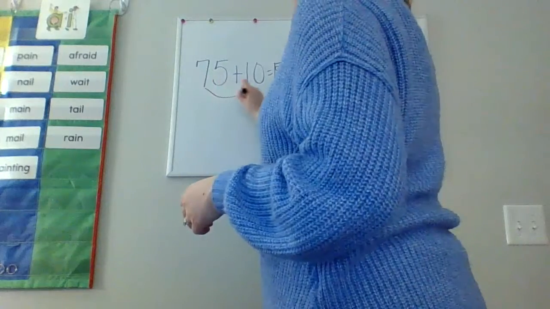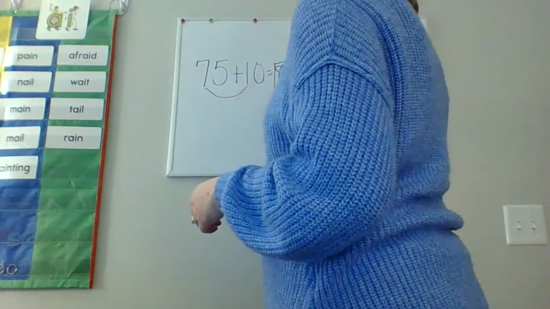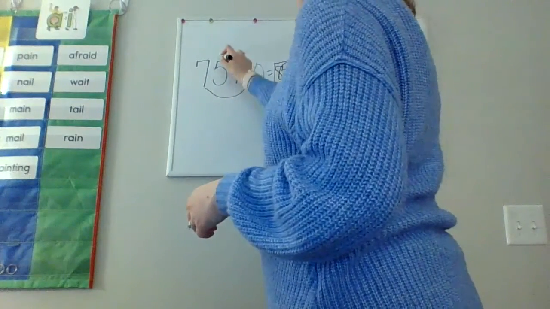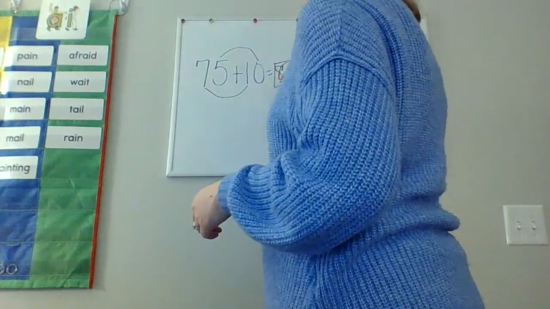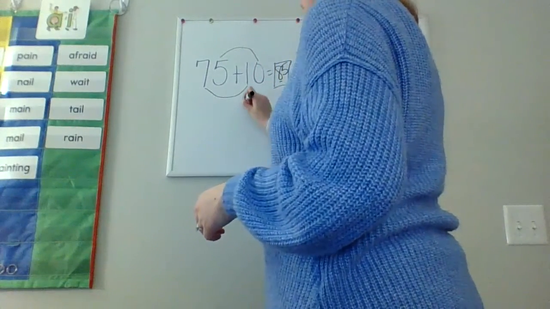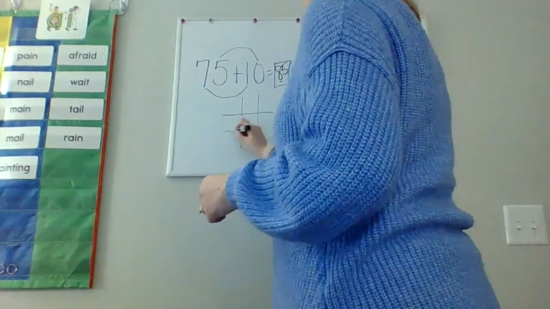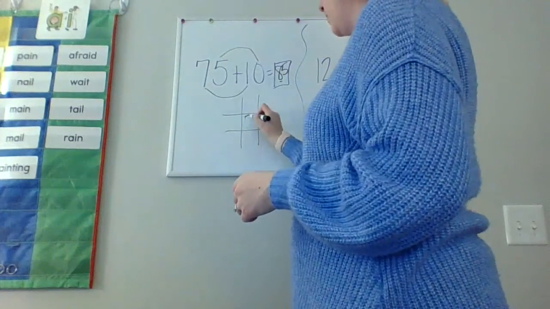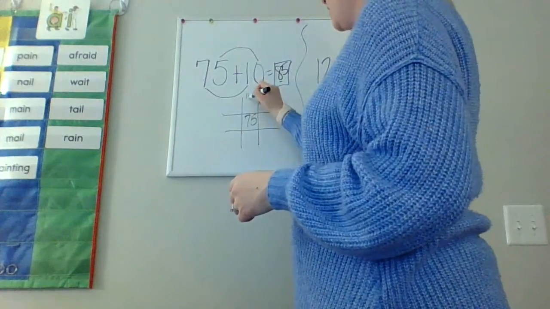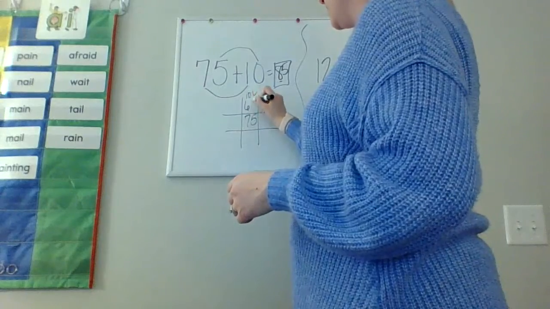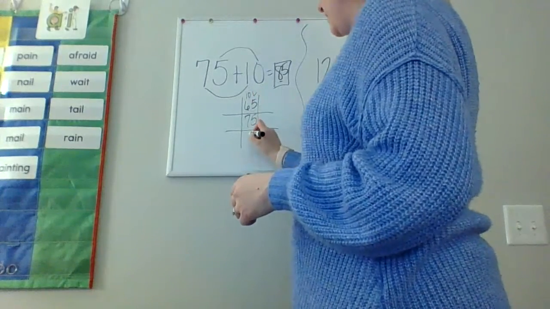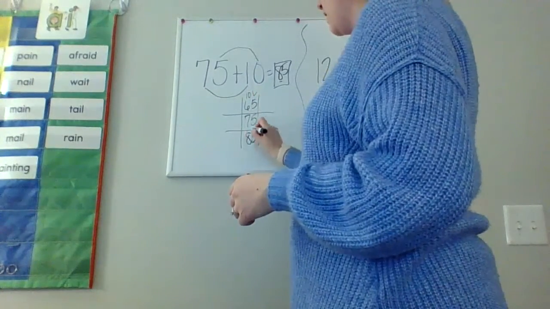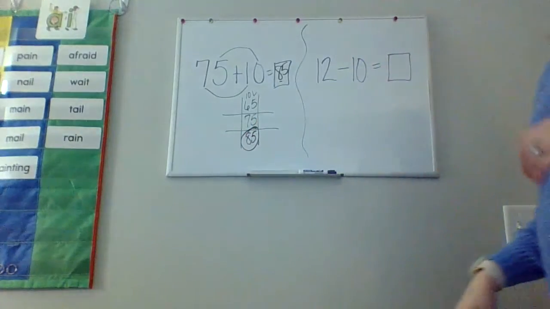If I did this strategy, 7 plus 1 is 8. That's my tens place. 5 plus 0 is 5, which is my ones place. I also saw some friends draw out their tic-tac-toe board. They showed that 10 less was 65, but then they showed that 10 more was 85.